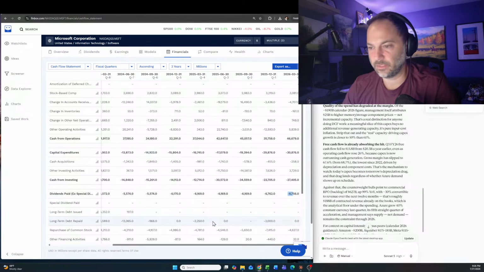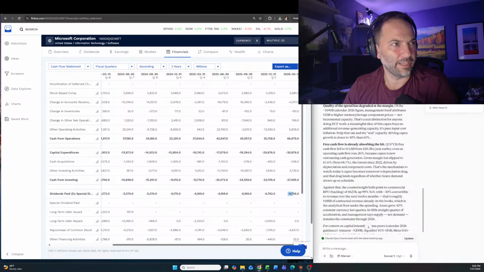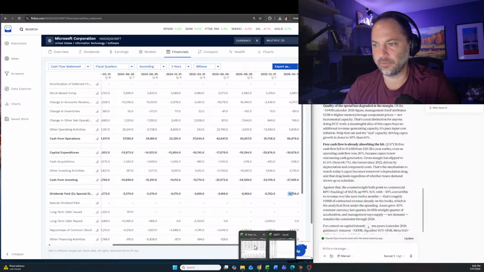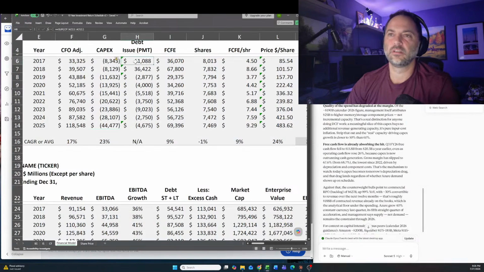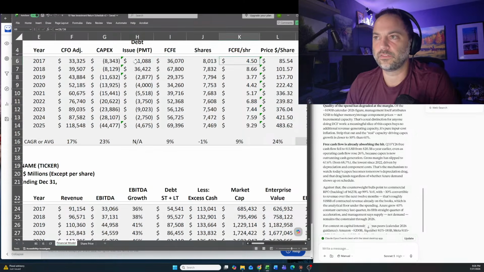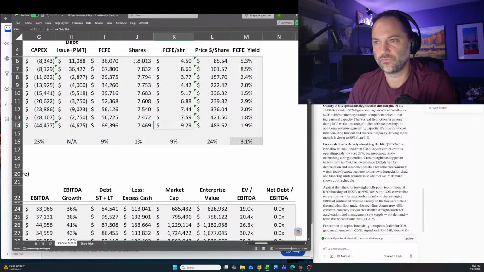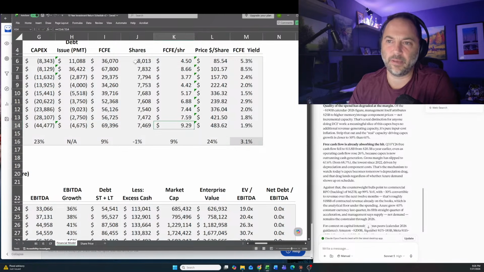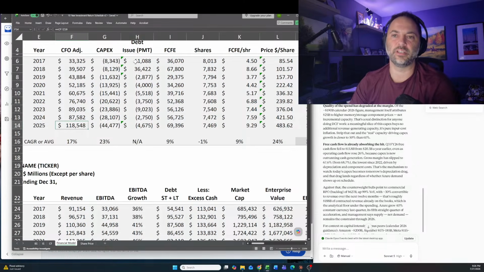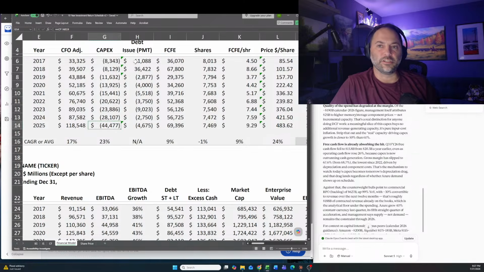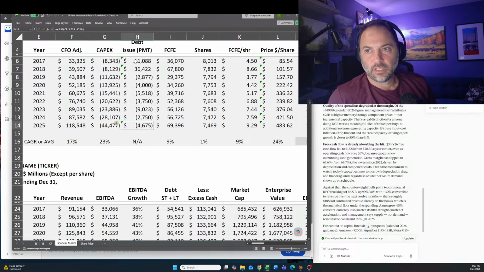Let's go back to our forecast and see what we think. We can run a couple of different scenarios on CapEx. Right now, you've got 118 billion of cash flow from operations. They spent 44 billion last year in CapEx. Debt payment is essentially zero. There's a little down payment here.